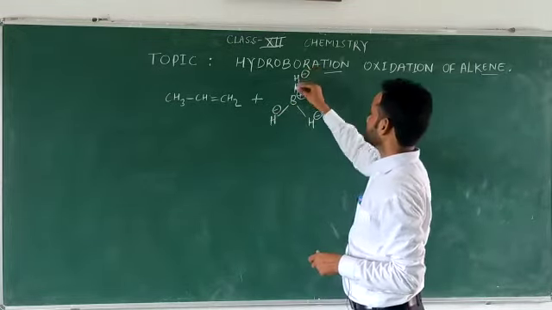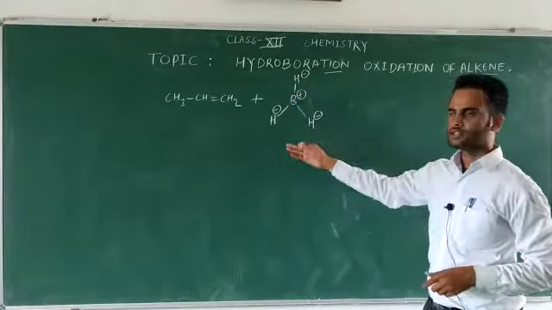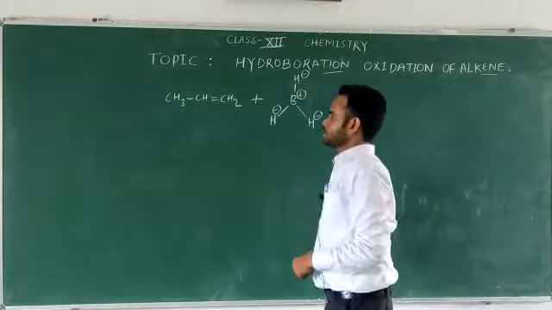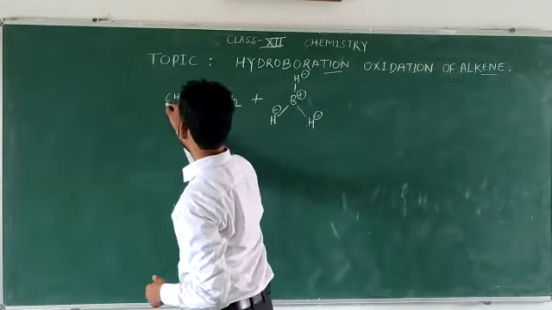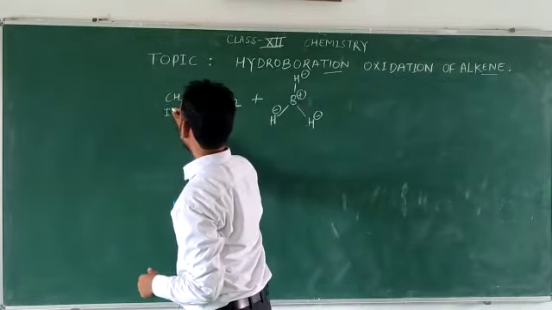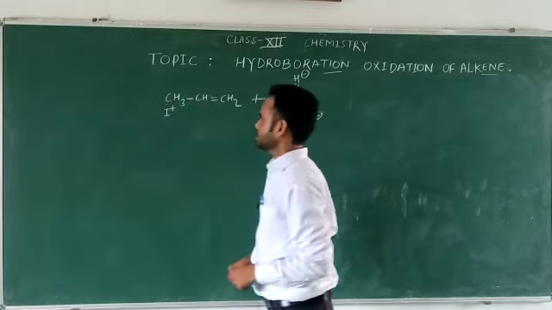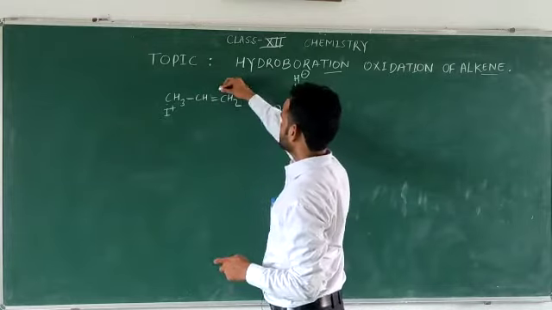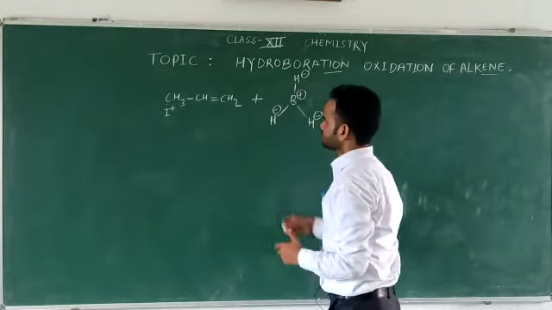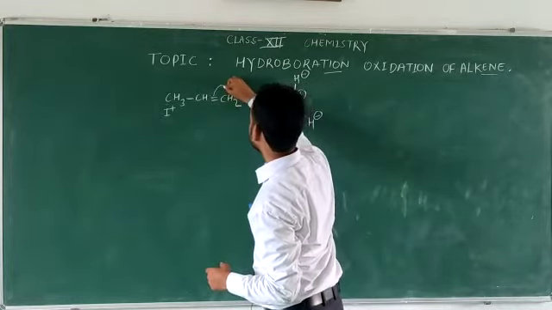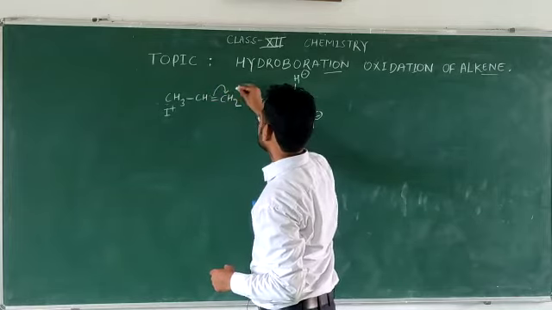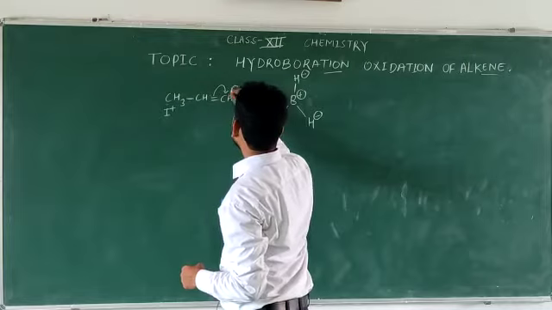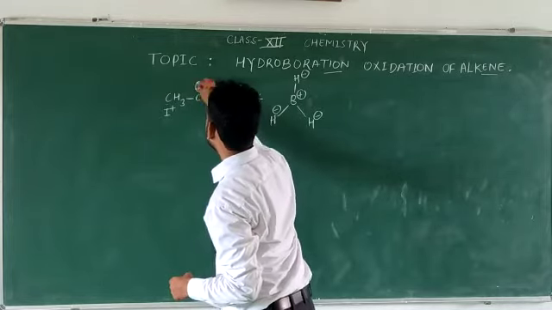So on the hydrogen atom there will be a negative charge, and on the boron there will be a positive charge. In the case of propene, because there would be a positive induction effect on this carbon atom, there is much chance for this bond to shift onto this carbon. That is why there will be a negative charge here and a positive charge here.